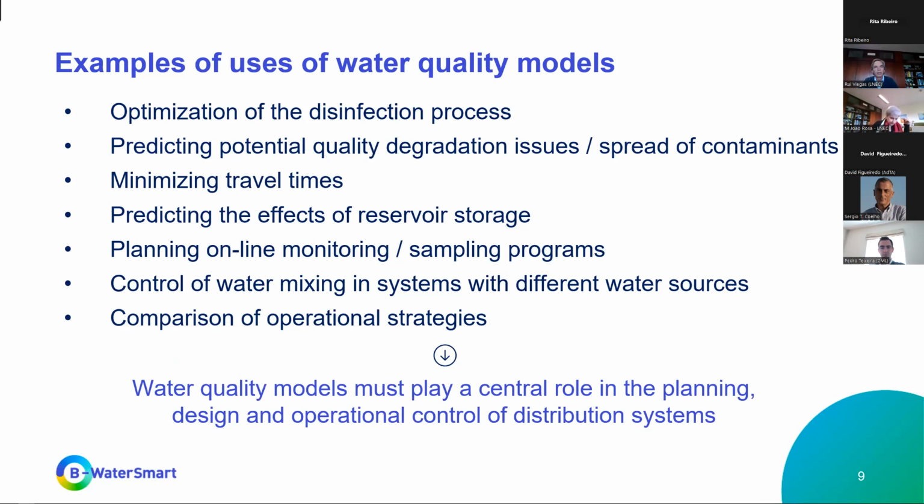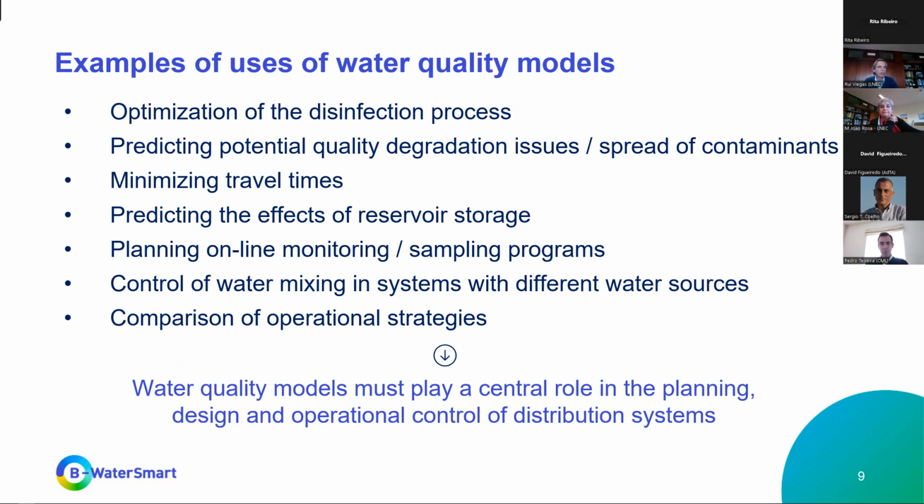For predicting the effects of reservoir storage, for planning monitoring or sampling programs, online monitoring or sampling programs, to control the water mixing in systems with different water sources, which is an application very used in this type of problems.